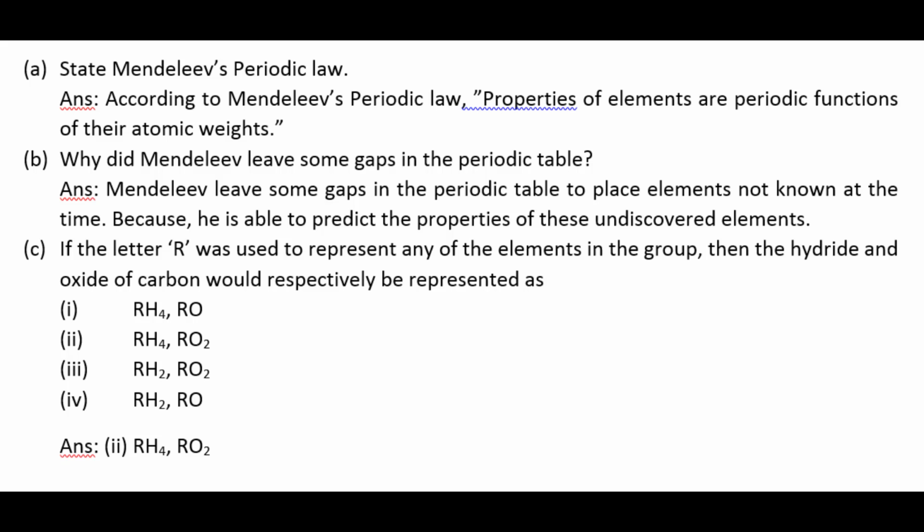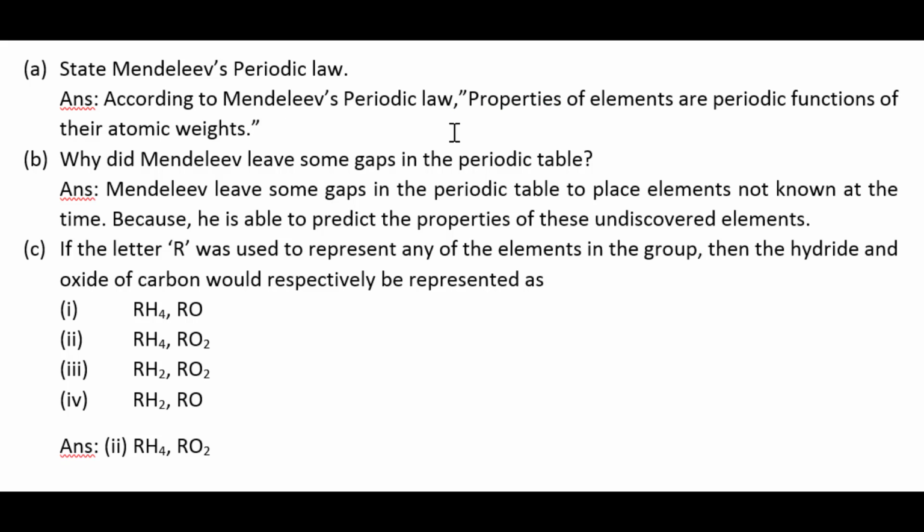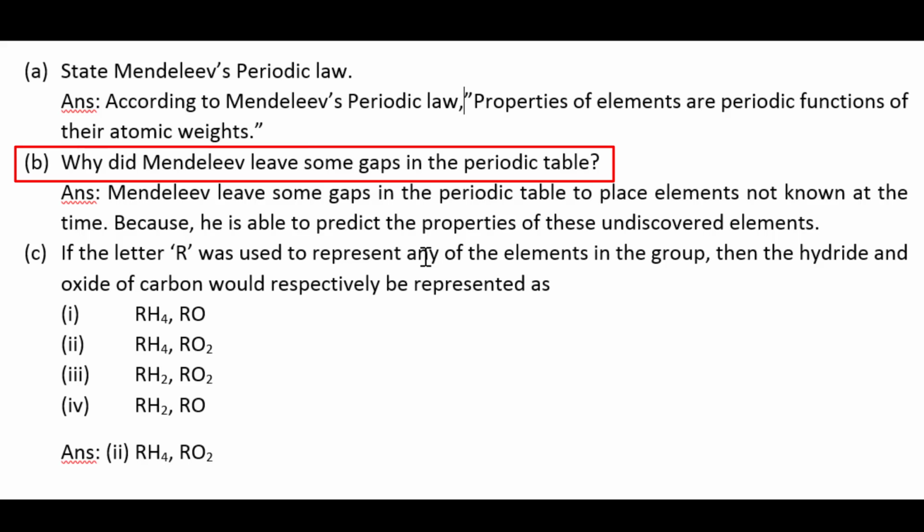The answer: according to Mendeleev's periodic law, properties of elements are periodic functions of their atomic weight, that is, atomic mass. That is Mendeleev's periodic law. Question B: why did Mendeleev leave some gaps in the periodic table?